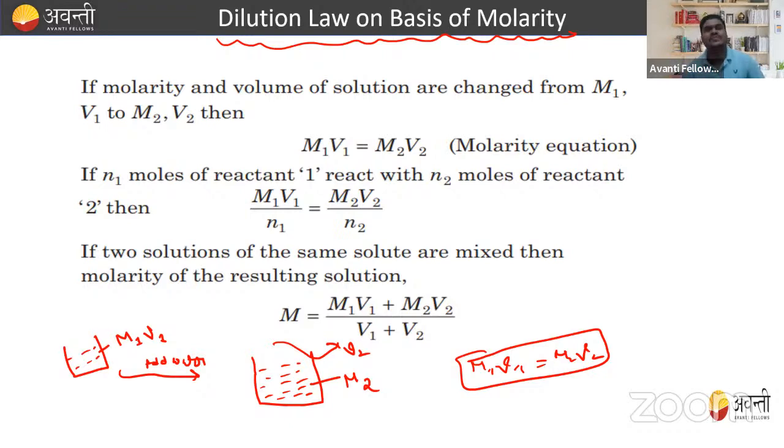So if n1 moles of reactant 1 react with n2 moles of reactant 2, then the formula becomes M1 V1 upon n1 equals M2 V2 upon n2.